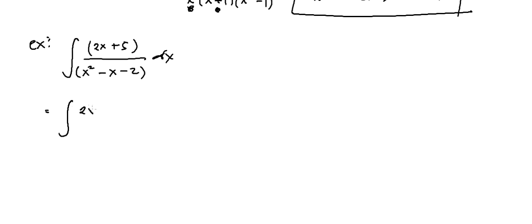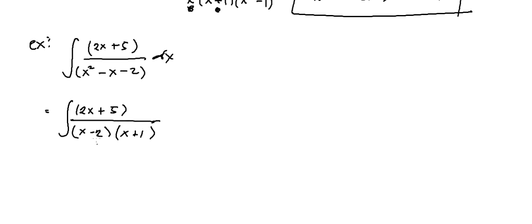So we have 2x plus 5 all over the denominator. How can we factor this? We need to split it into factors: x and x, and since we have negative x, maybe we need negative 2 and positive 1.